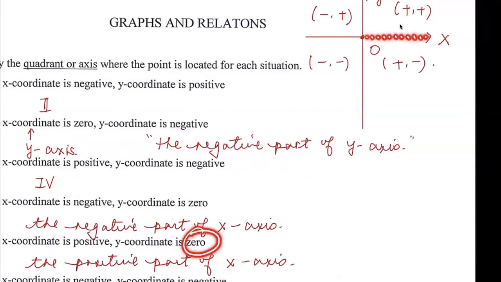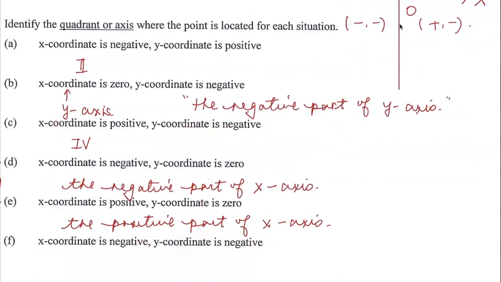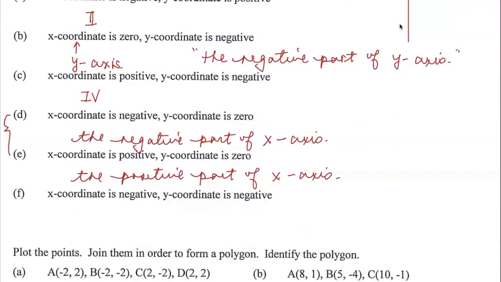Also, all the points on this part of the x-axis have a positive x value. So this satisfies both conditions here, positive x coordinate and 0 y coordinate.